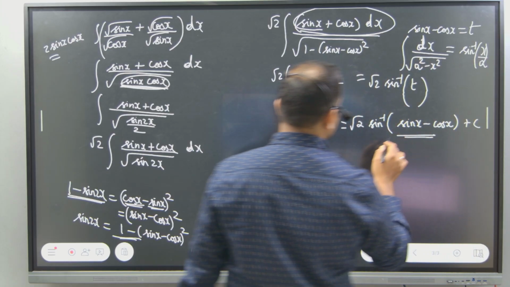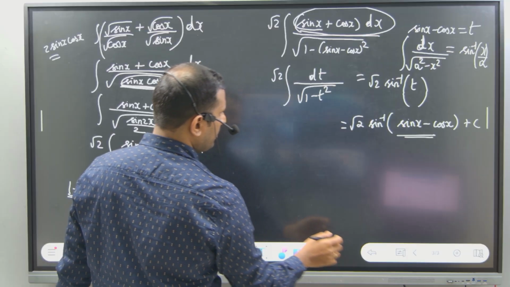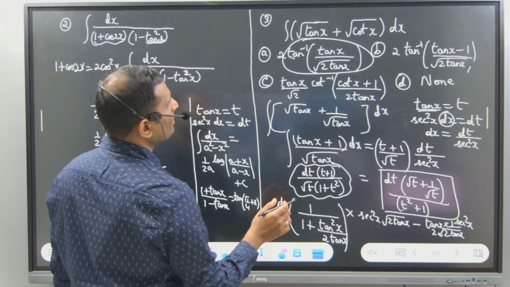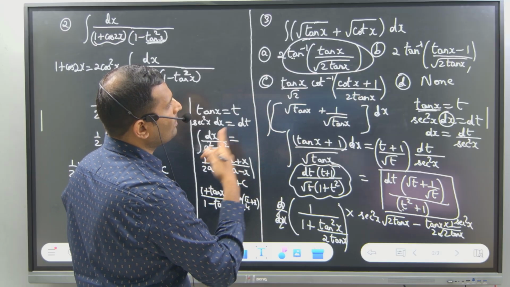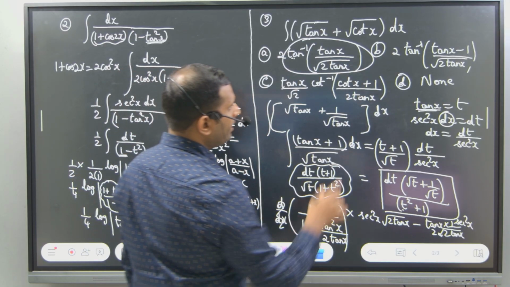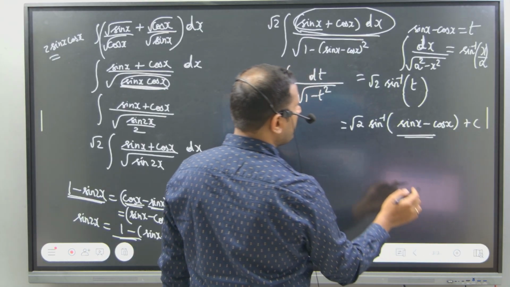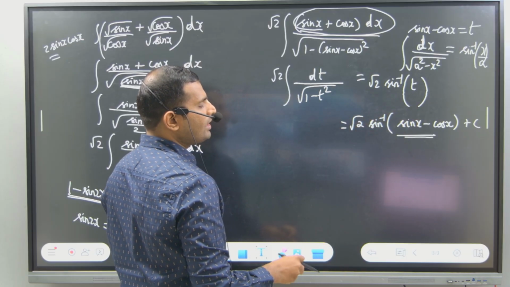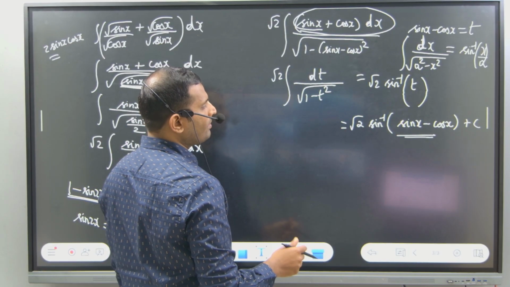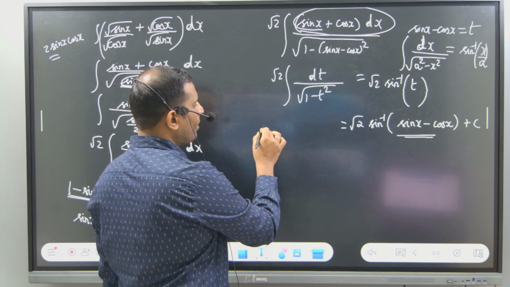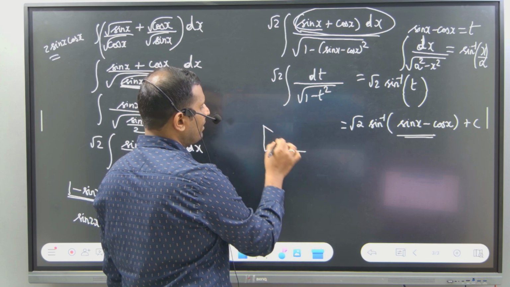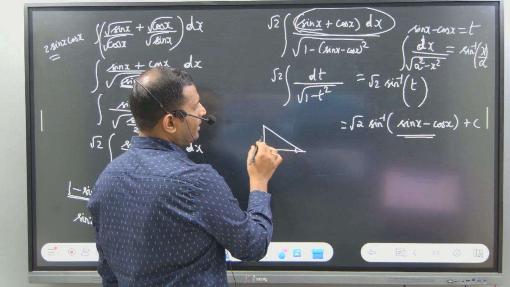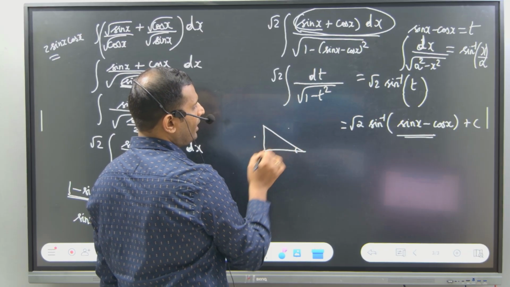Now, this is how we simplify, but let's look at the options. Is anything looking similar to that? All the options have tan inverse. How do you convert sin inverse to tan inverse? You should draw a right angle triangle. Sin theta means opposite by hypotenuse.